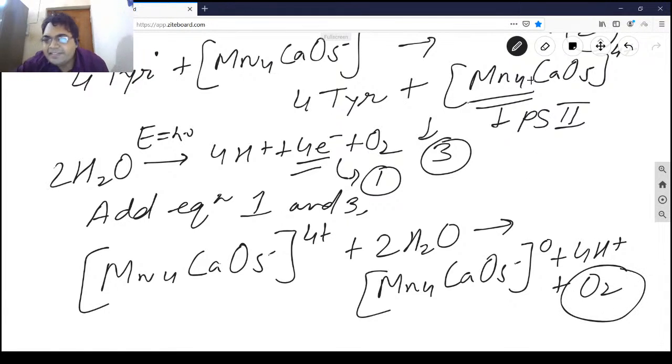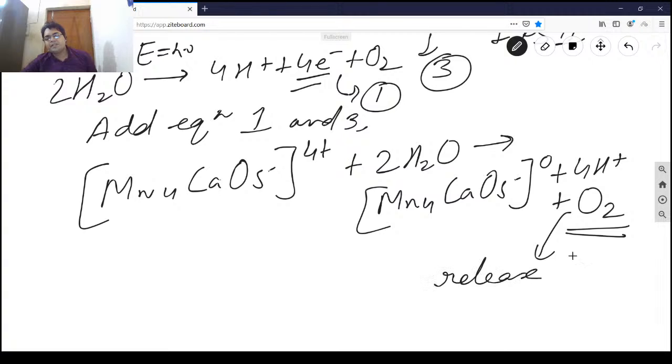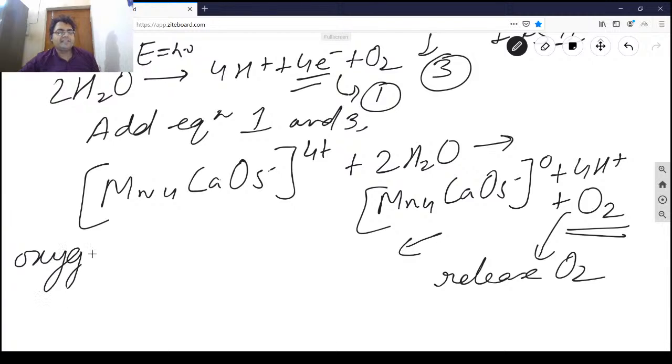This is the reason why plants are able to evolve or release O2. That is why it is also known as the oxygen evolving complex or water splitting complex.